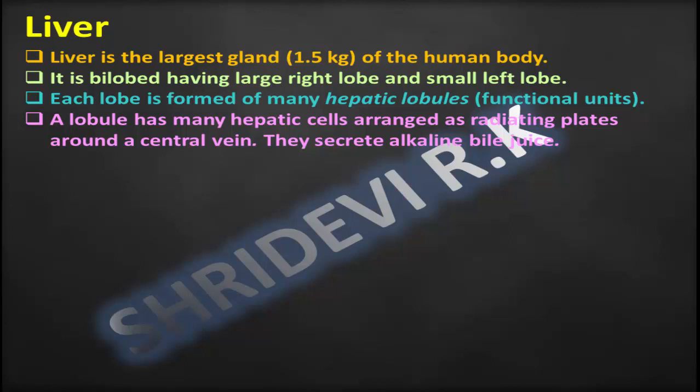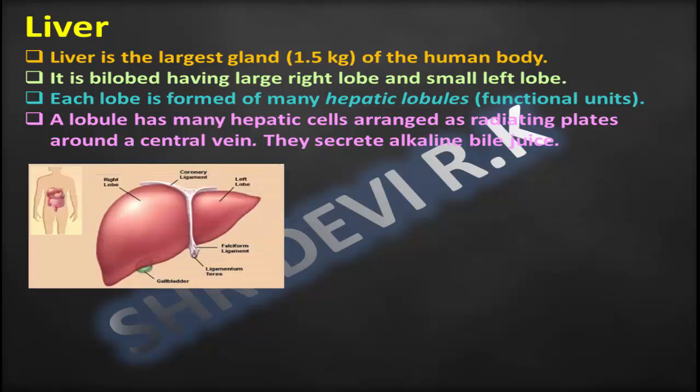Lobes of the liver are made up of hepatic lobules, and hepatic lobules represent the functional units of the liver. A lobule has many hepatic cells arranged as radiating plates around a central vein, and they secrete alkaline bile juice. All the terms are very important with respect to the study of liver.